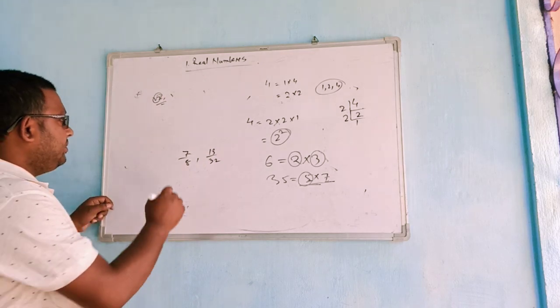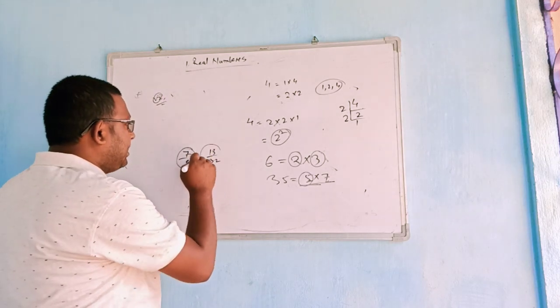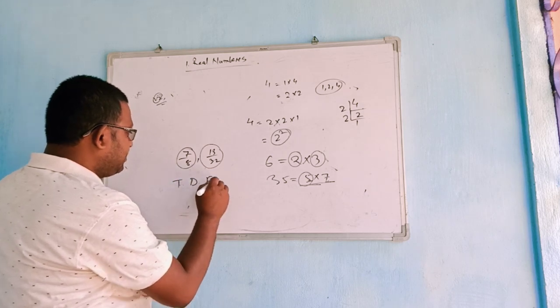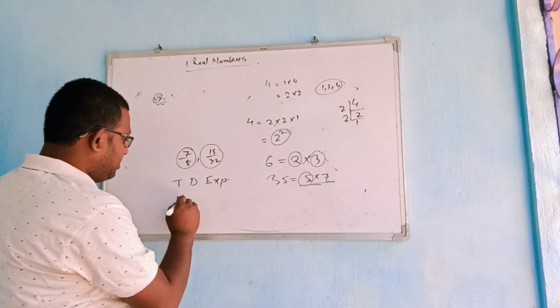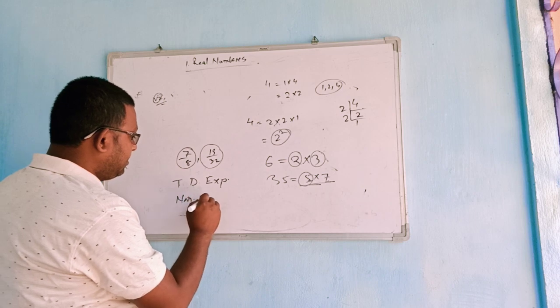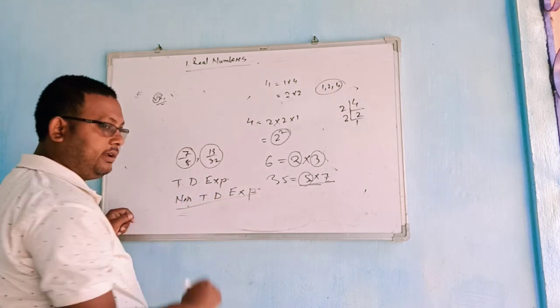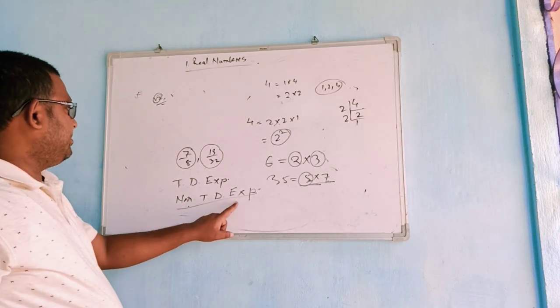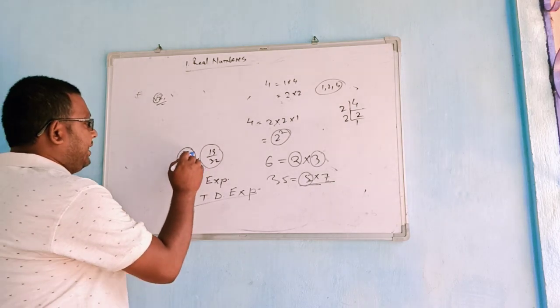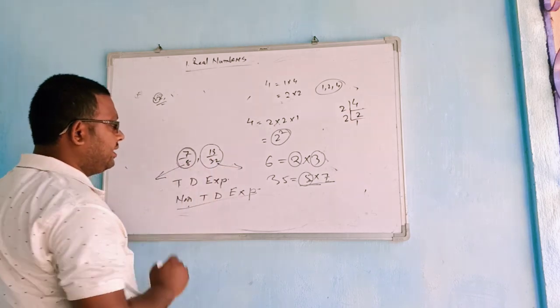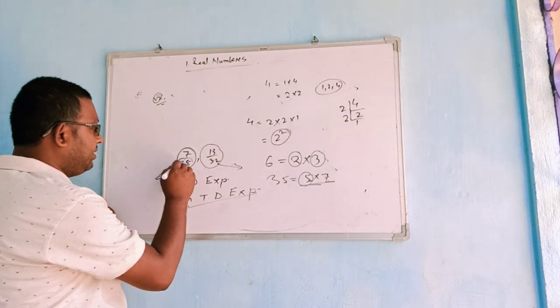How can you identify whether it is a terminating or non-terminating decimal expansion? Now observe first the denominator of any rational number. What is the denominator here? 8.